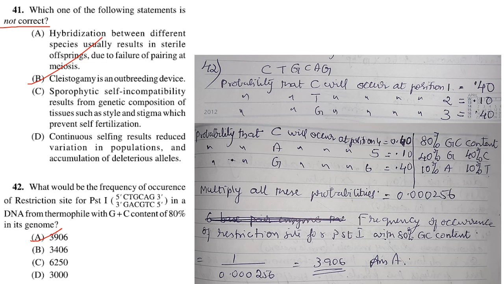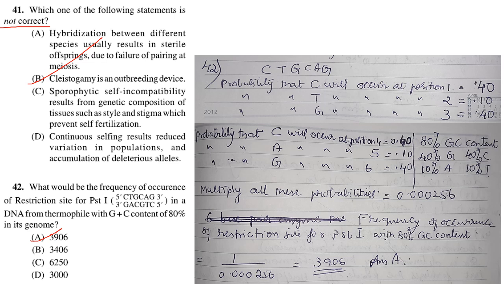Hence, outbreeding is prevented in these flowers and self-pollination occurs within the permanently closed flower without any help of any pollinating agent. So, cleistogamy is an outbreeding device is not correct. Cleistogamy is an inbreeding device. They have asked for the not correct statement, so answer here is option B.